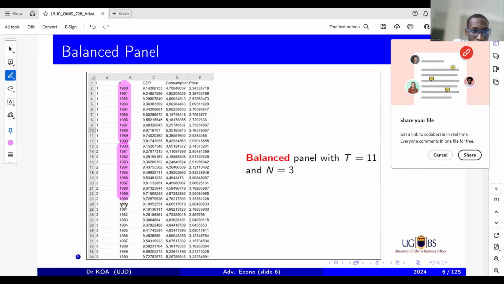Then the next one, again 1988 to 1990. You will notice that the number of time periods is 11, and each observation appears in each time period. This is a typical example of the effect of price and consumption on GDP. Let's take another example.